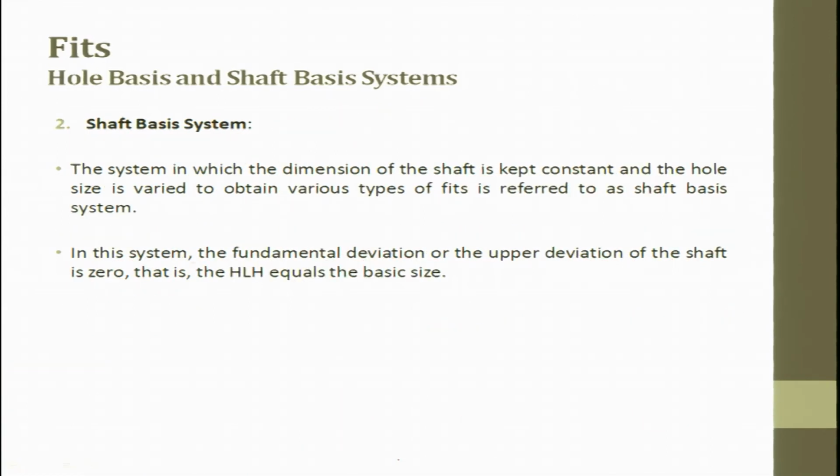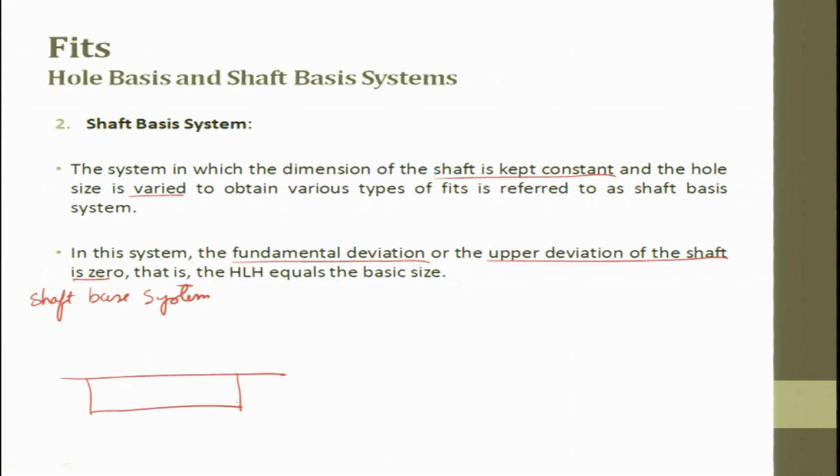When we go for a shaft based system, it is the same. For a shaft based system, the shaft is kept constant and the hole is varied. Here the fundamental deviation, or the upper deviation, of the shaft is kept as 0. So when we draw a shaft based system, this is the shaft and here is your hole.